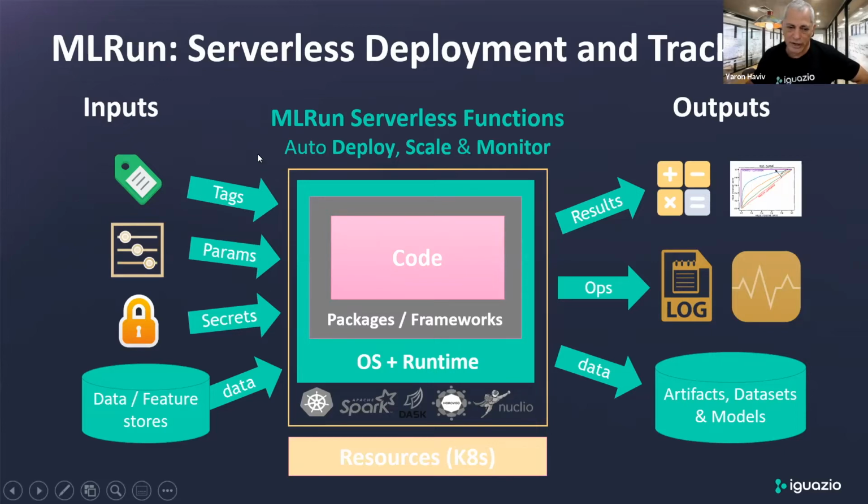So all the tags, the labels, the parameters, secret credentials, data, etc., are pushed into your code automatically. You don't need to deal with data movement. And once your job finishes, it logs all the results automatically: metrics data, operational data like logs, CPU and GPU usage, and so on. All that is tracked automatically. You don't need to do any work for that, and we're going to see that in a minute.